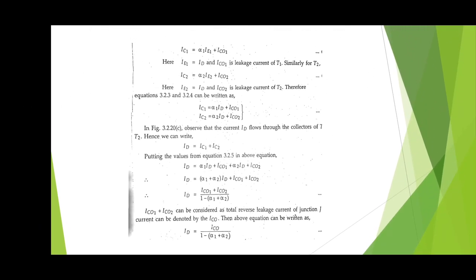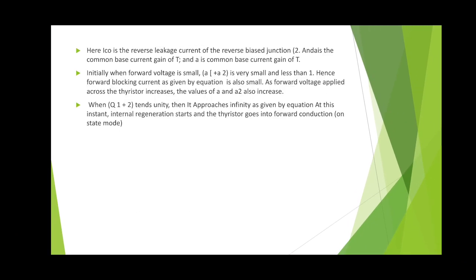Here are some conclusions we are going to draw. After observing this equation, ICO is the reverse leakage current of the reverse biased junction J2, alpha 1 is the common base current gain of T1, and alpha 2 is the common base current gain of T2. Initially when the forward voltage is small, alpha 1 plus alpha 2 is very small and less than 1.